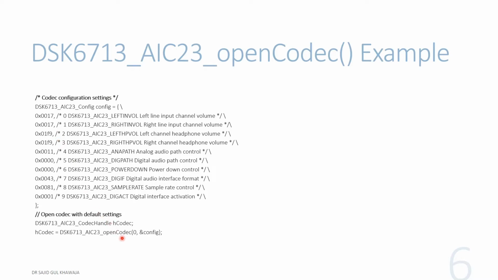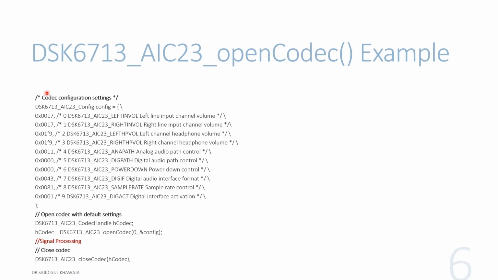Now that we have successfully opened the codec, we can proceed with all the signal processing that is required either on the acquired data from AIC23 or from self-generated data. Once the signal processing is done and relevant read and write operations from the codec are taken care of, we need to close the codec using the close codec command, and this time around we'll only be passing the codec handler.